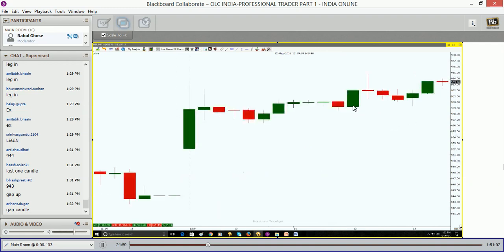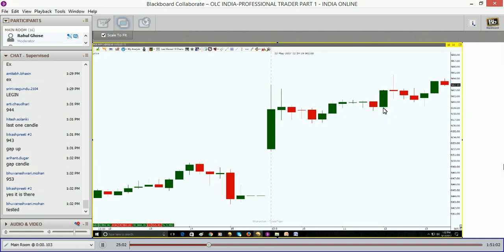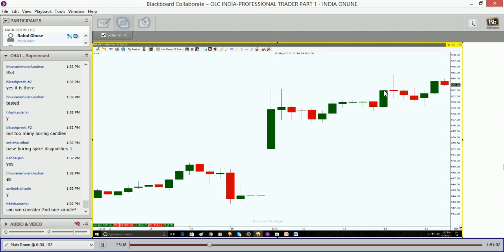Why don't you feel even this green candle is an explosive move? I have an explosive move over here. We are starting from scratch. Now, would all of you agree this is an exciting candle? Yes?